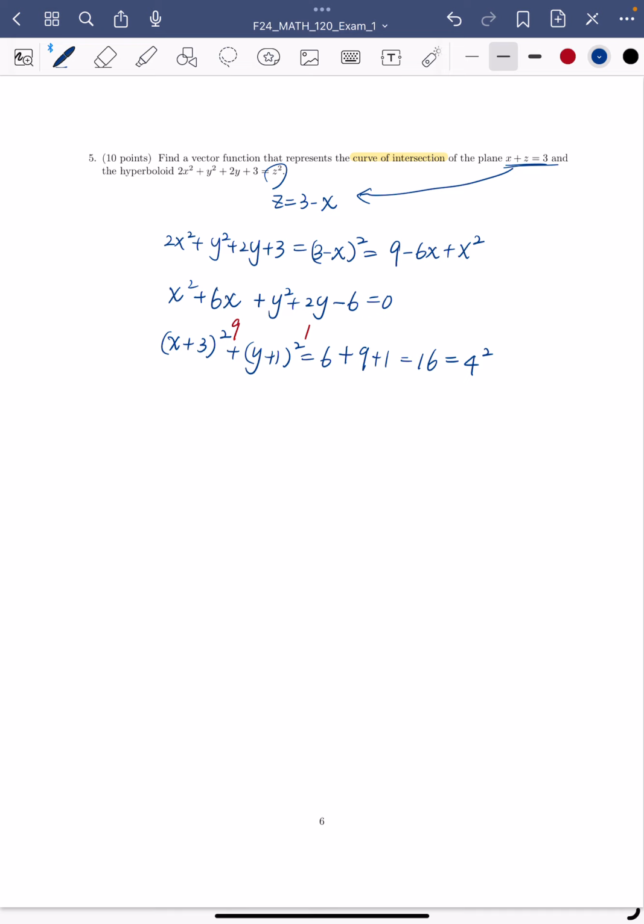But you have to find a vector function. So that means, okay, now we know what the x and y are, and we can plug in this x and y and get z from the equation of the plane. But first, let's find a parametrization for the curve for our circle.